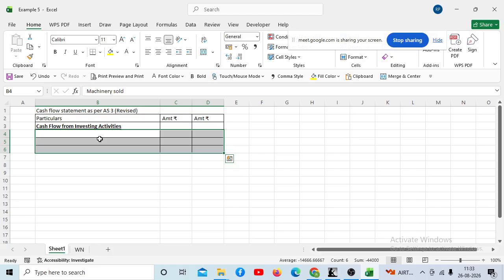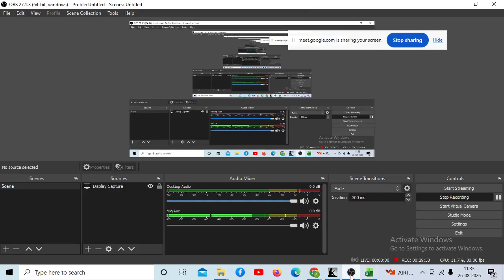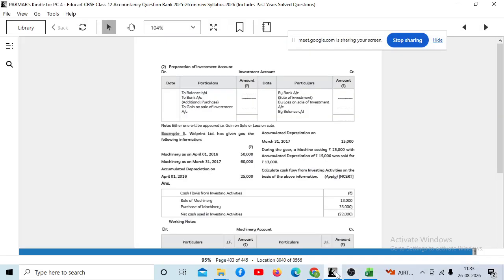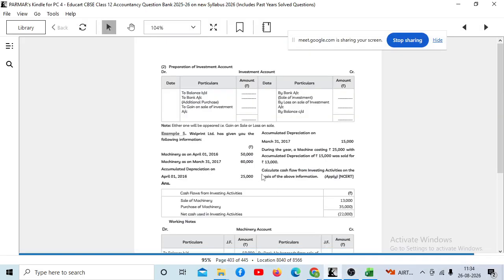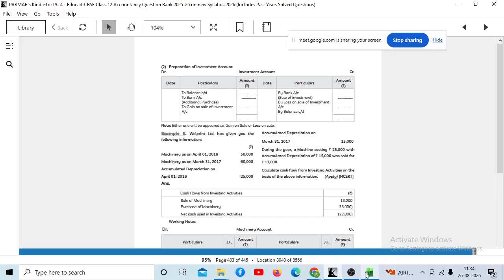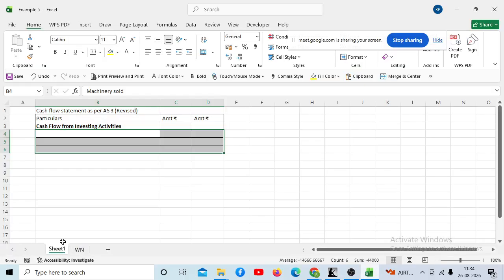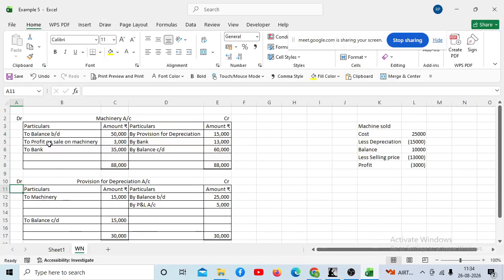Done. Okay. Now see, whenever such information is given, we are supposed to prepare the accounts. In this case, we are supposed to prepare two accounts. One is the machinery account and another is the accumulated depreciation account. So two accounts we will prepare one by one. The first account will be the machinery account.